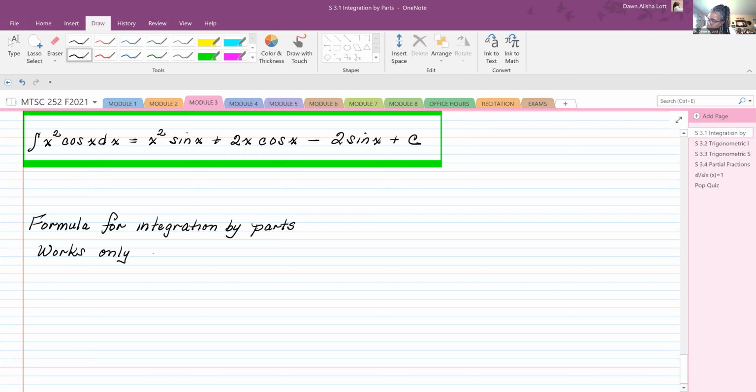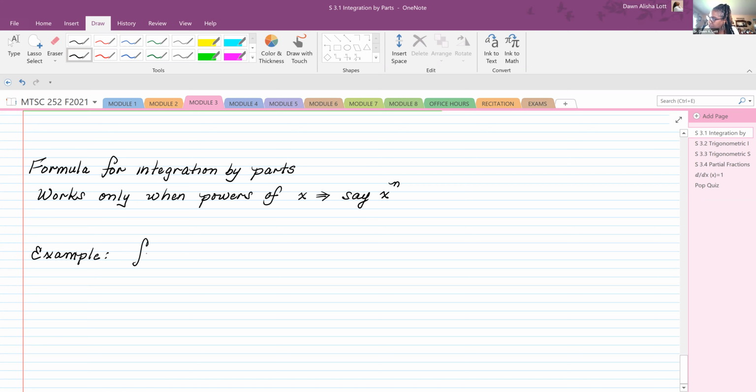Okay, say x to the n. Okay, so here's an example. We already know that when you do the integral of x squared e to the x dx, that results in 2 integration by parts problems.